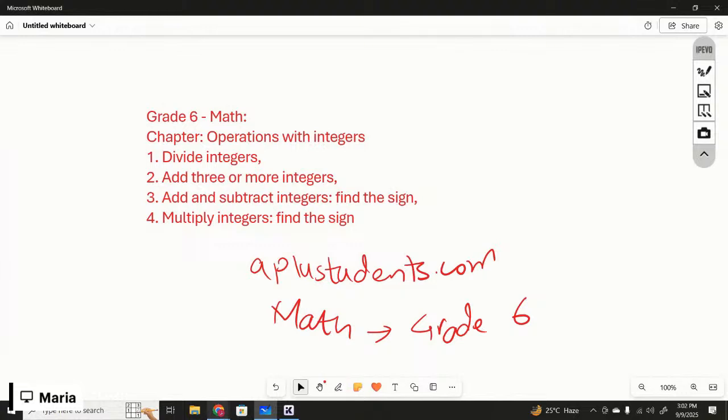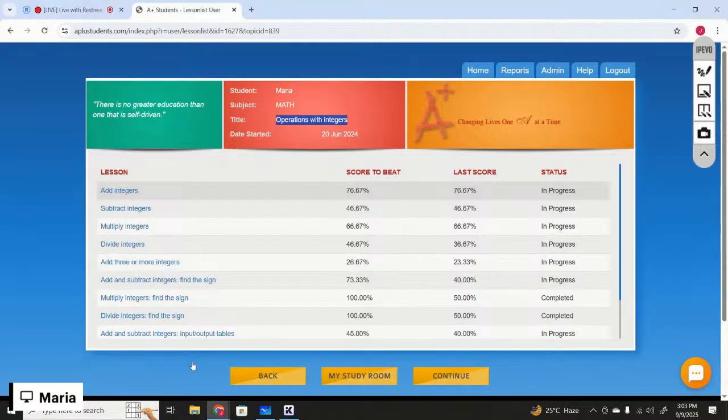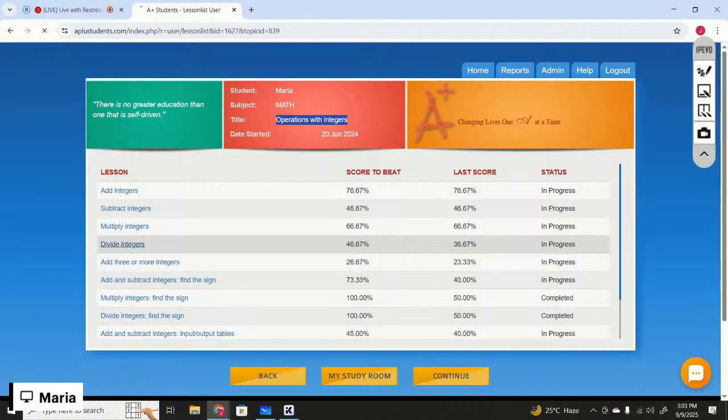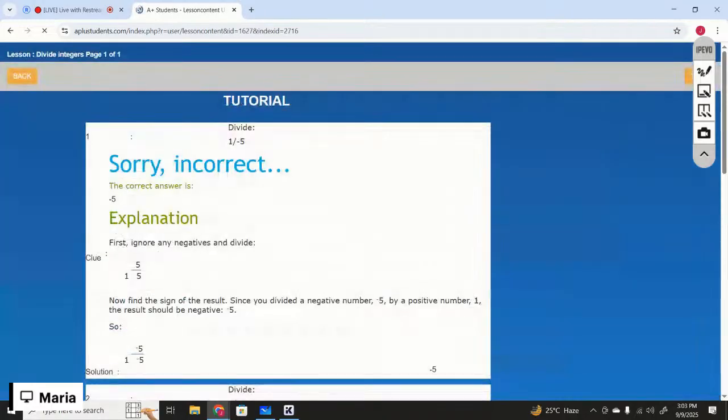Okay, here I'm on 6 math. Let's just start with the lesson, that is divide integers. One divided by -5.